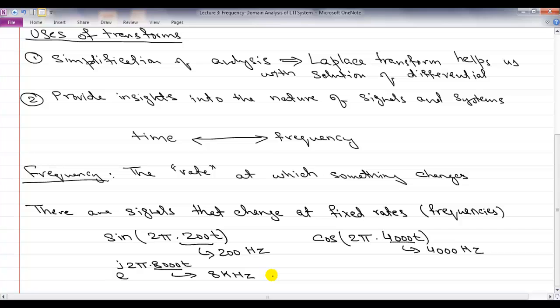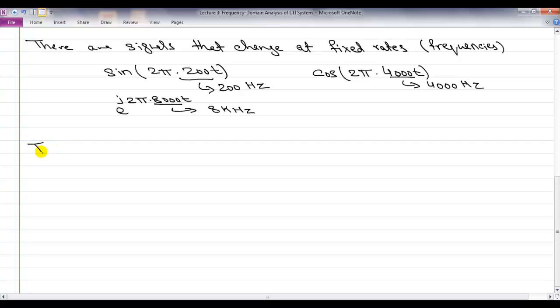So the right transform, if you want to understand signals and impulse responses of LTI systems in terms of frequencies, the right transform for studying frequencies is called the Fourier transform, named after the guy who first understood that any arbitrary signal can be thought of as made up of many frequencies.